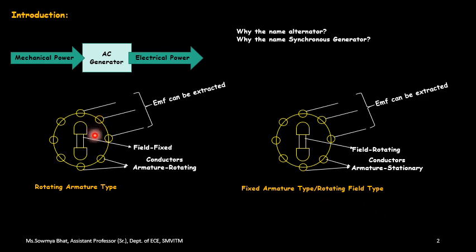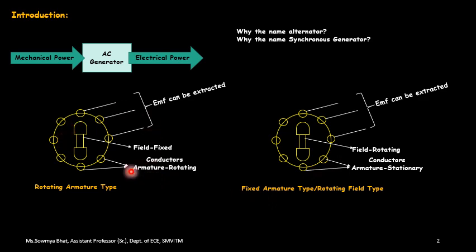An alternator has a stator part as well as a rotor part. Either the armature conductors can be stationary, or the field can be stationary, or the armature conductor can be rotating and the field rotating. So the combination is that one will be static, or stator, and the other will be rotating.